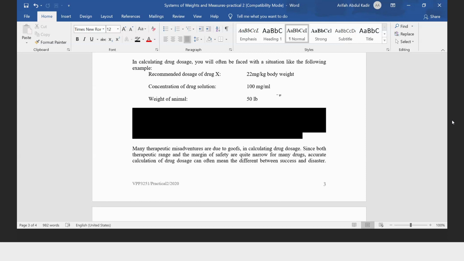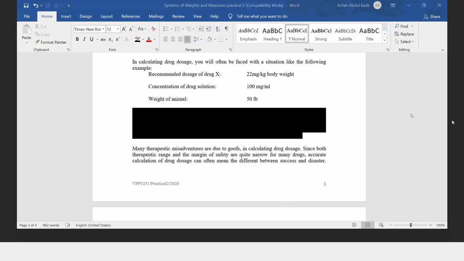Listen, class, Fikri is explaining how to solve this problem. I convert the pounds to kilograms. So 50 pounds equals 22.68 kilogram.